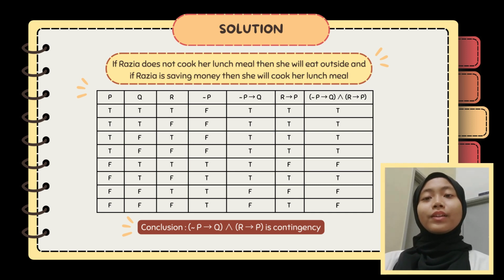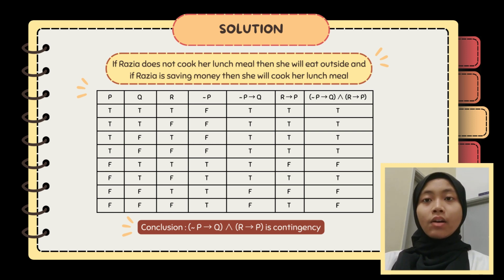Next, for the last column, we combine the fifth condition and the sixth condition with the basic connective conjunction, or AND. In this last column, we can see that the condition will only be true if both conditions are true.